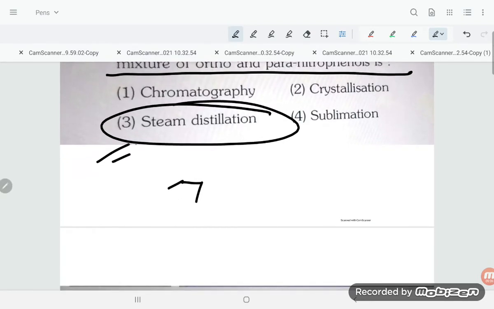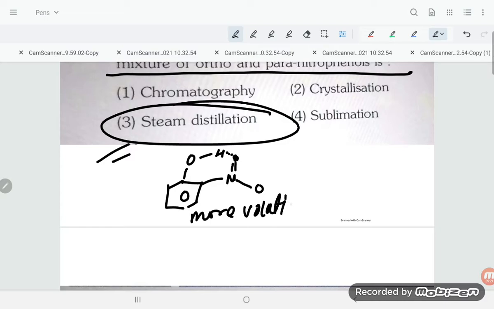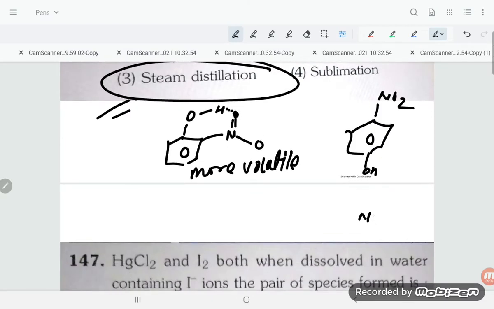If you talk about orthonitrophenol, this group is there, so it is more volatile, student, as it exists alone. If you talk about the other molecule, here is OH and here is NO2, so it is going to form hydrogen bonding with another molecule, so it is less volatile.